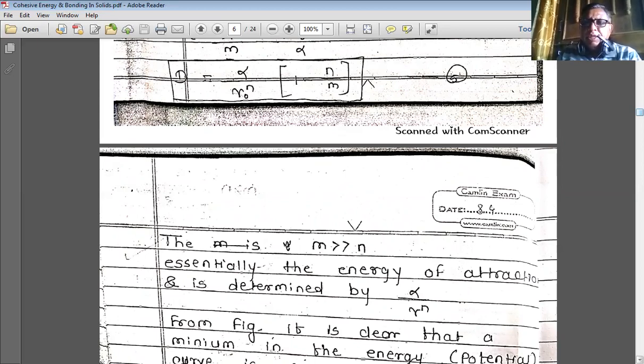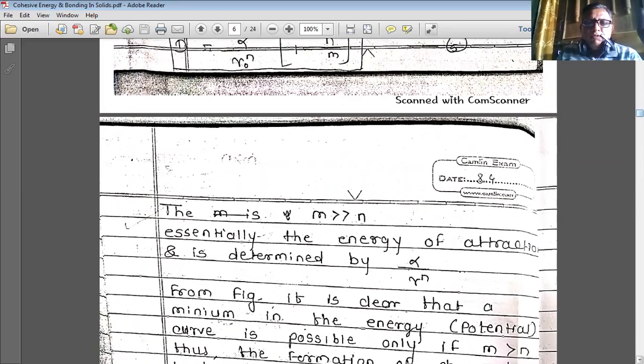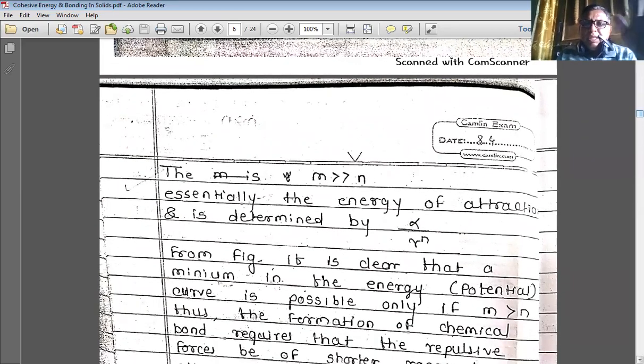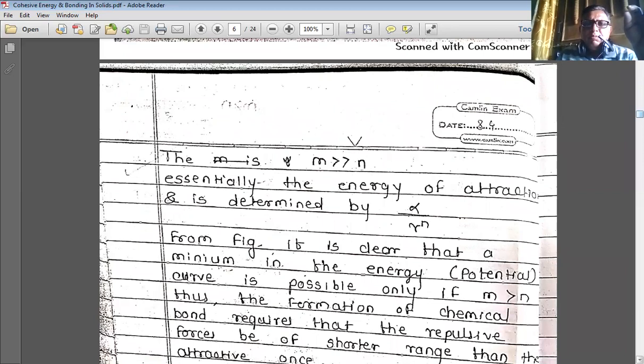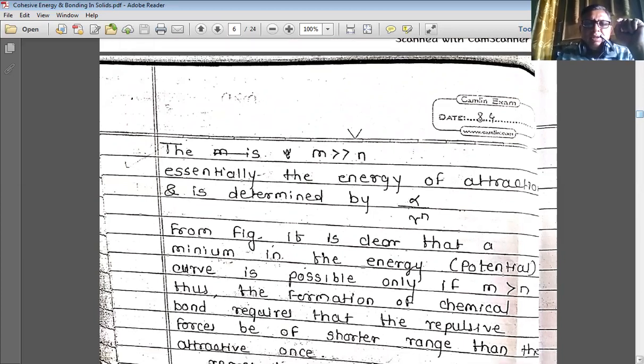Essentially, the energy of attraction is determined by α upon r raised to n. From the figure, it is clear that a minimum in the potential energy curve is possible only if m is greater than n.